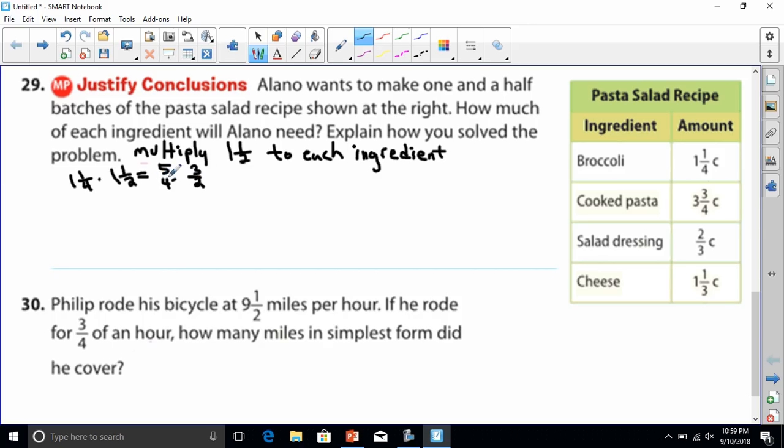Now we're simply going to multiply. We have 5 times 3, that equals 15. And 4 times 2, that's going to give you 8. And that's how much broccoli we'll have, okay? That's for the broccoli.